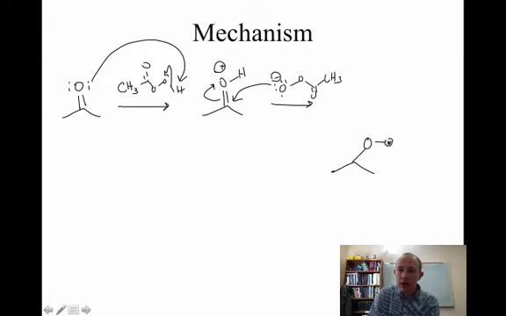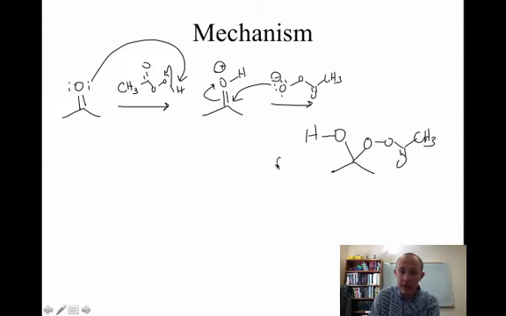We have an O and an O. And there's a lot of ways you can draw this mechanism, but what I think is the easiest is to remember that these oxygen-oxygen bonds are extremely weak. And so what can happen is that a base, like another molecule of peracetate, can come along.